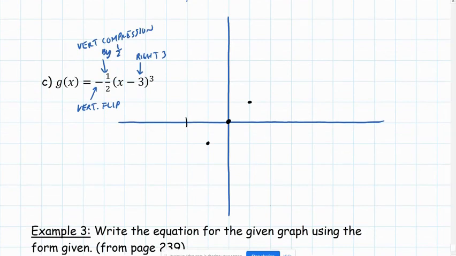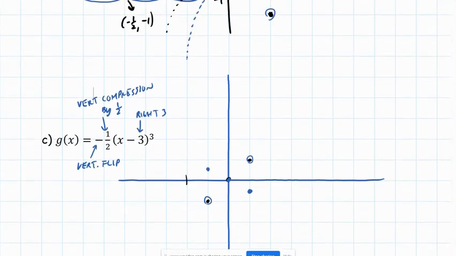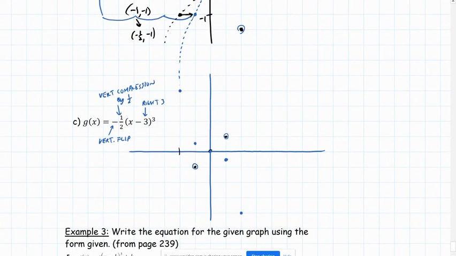So 8 times -1/2 is -4, so that's going to be down here. 1 times -1/2 is -1/2, and then 0 stays where it is. -1 moves to +1/2, and then (-2, -8) would become (-2, +4). And so now with that vertical compression, our graph looks like this.